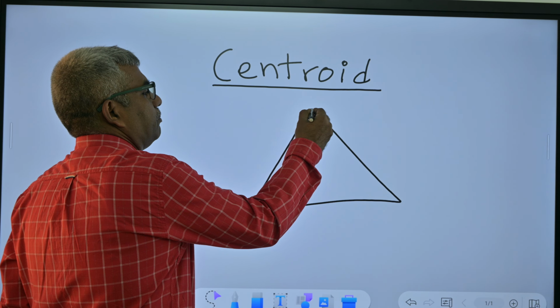Midpoint of the opposite side: this side, this side, it is a midpoint. What is a median? It is the line segment from the vertex to the midpoint of the opposite side. In one triangle there are three medians, one from each vertex.